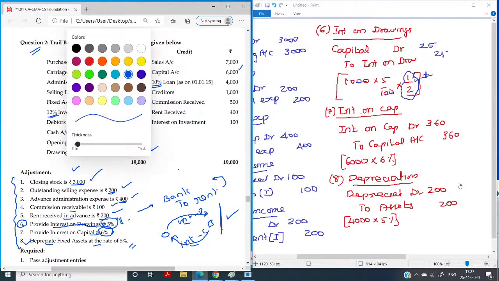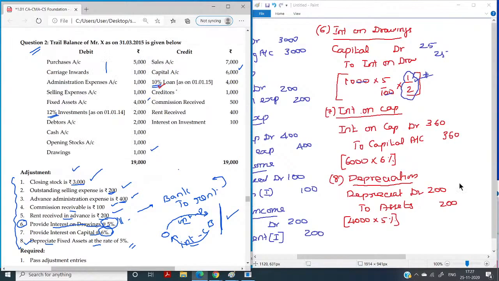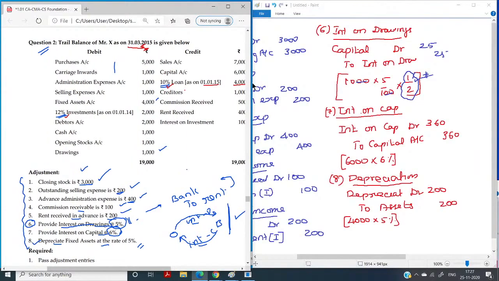Clear? Isn't it a 10% loan and 12% investment? Come on. A 10% loan means you have borrowed a 4,000 rupees loan on 1/1/2015. We are closing the accounts on 31/3/2015.